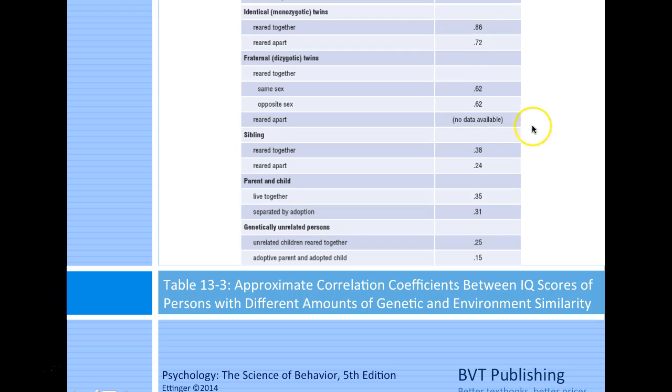And then as we go down, it follows. So identical twins definitely have the highest correlation here, which would definitely correlate with the hereditarian view of intelligence.